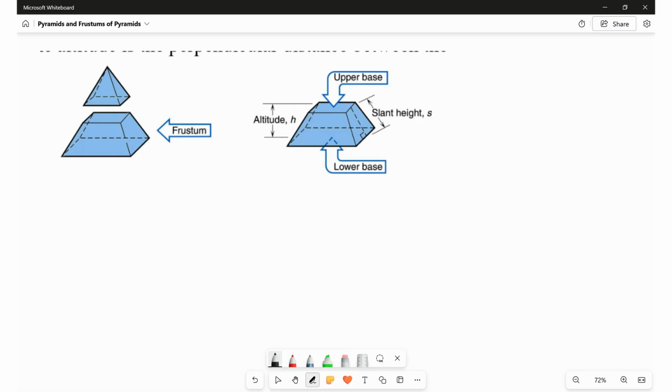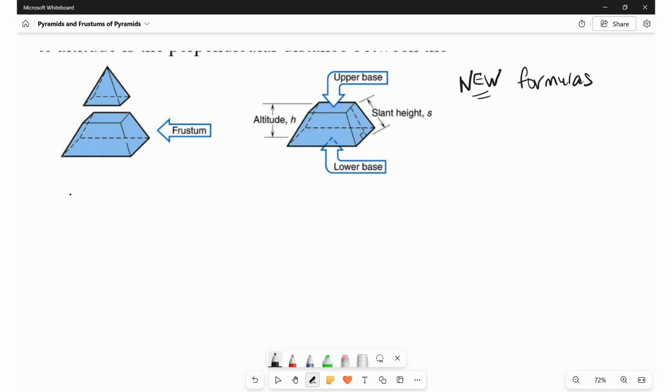We still have our altitude. We still have our slant height. And this is where you will have some new formulas. So let's make a note of that. We have new formulas, and this is specifically for frustums.